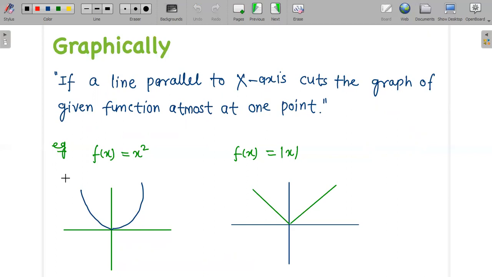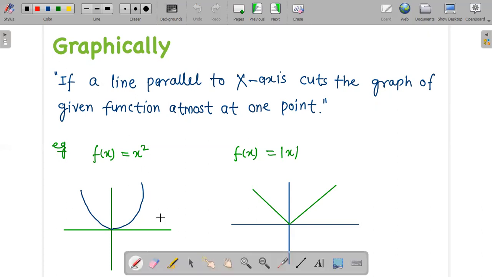If this line cuts the graph of the given function at most at one point only, it indicates my function is one-one. If it intersects the graph at more than one point, then unfortunately the function is not one-one. So what do we call those functions which are not one-one? These kinds of functions are said to be many-one.